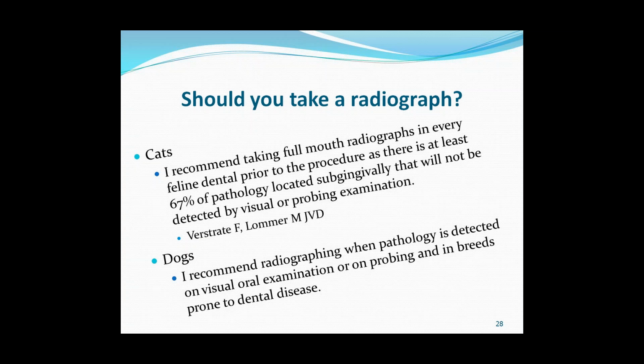They also published another paper which showed that about 1 in 10 or 1 in 11 cats have subgingival tooth resorptions that you don't pick up unless you take a radiograph. So for cats, I personally recommend that you take full mouth radiographs in every cat prior to doing the procedure, and we do that in the clinic, and we get a stack of pathologies that we would never see otherwise.